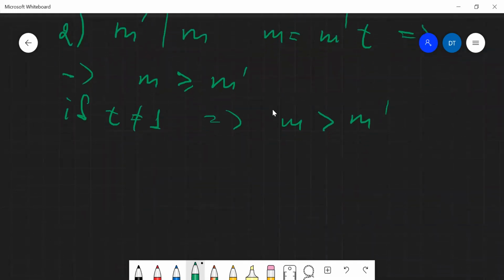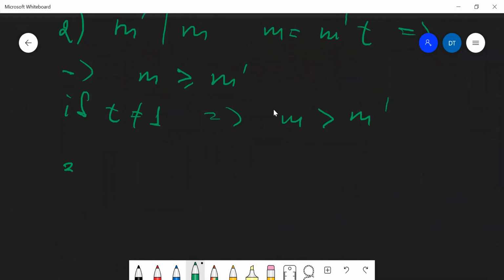And the last property: if we have three monomials and m is not less than t, then after multiplying by any other monomial, we will get exactly the same inequality. So here m, t, and s are any monomials.